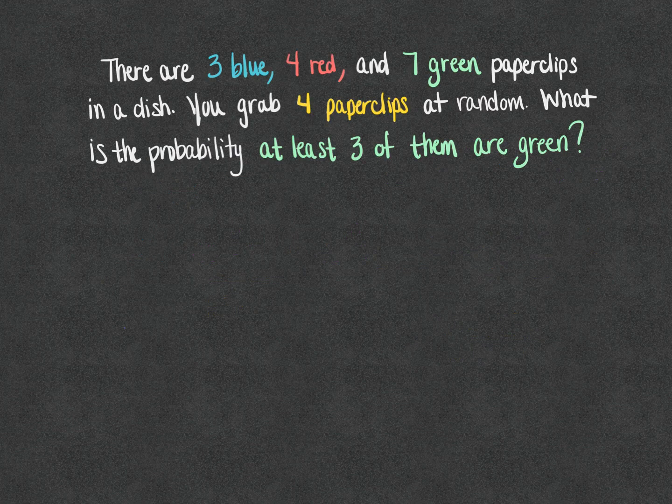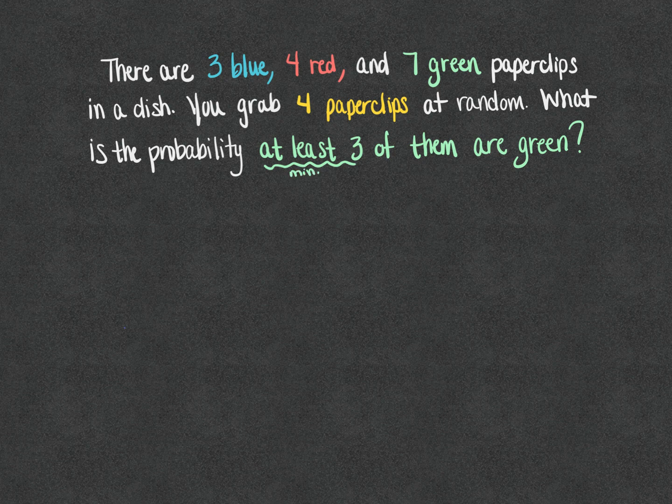So let's take a look at another example. Let's say this time we have 3 blue, 4 red, and 7 green paper clips in a little dish. We're going to grab 4 at random. What is the probability at least 3 of them are green? Okay, at least 3 are green. So at least means we're talking about a minimum.